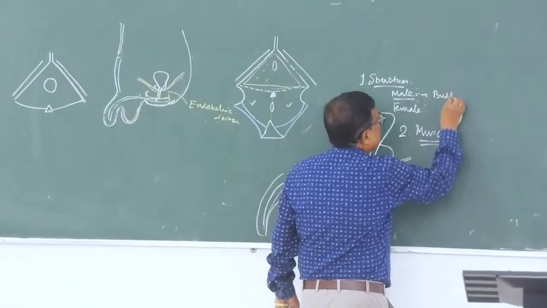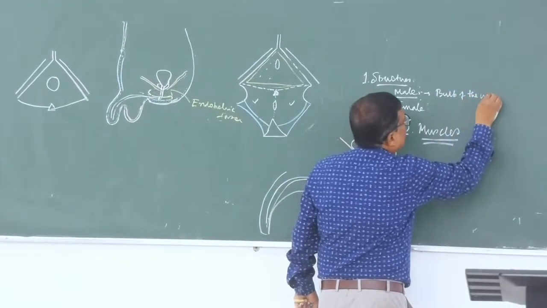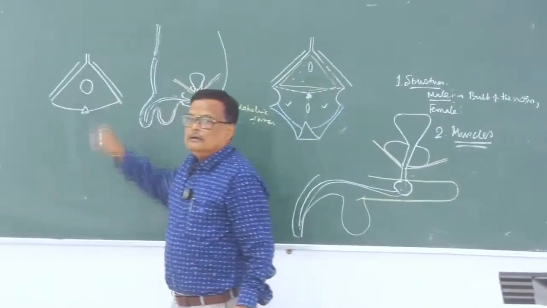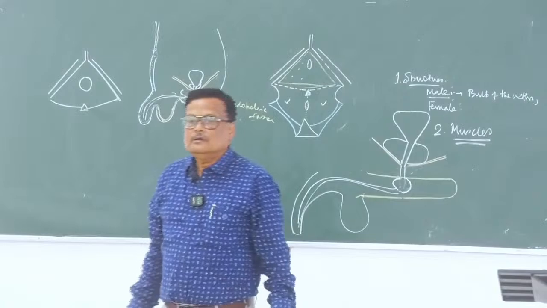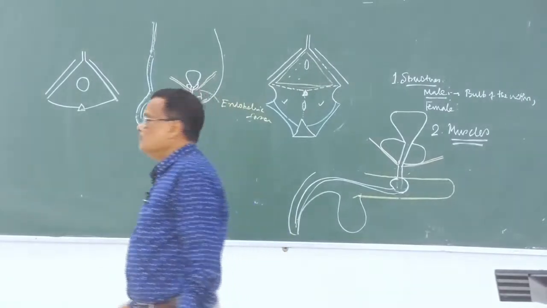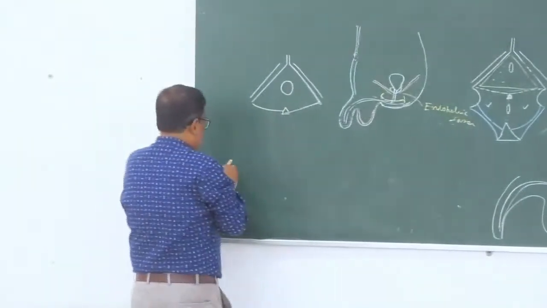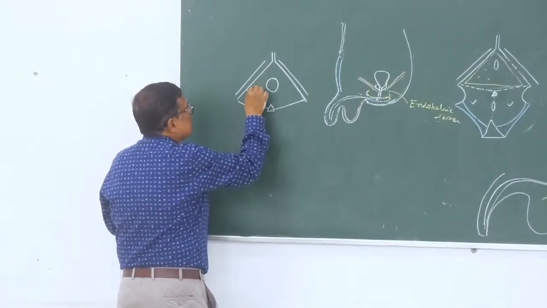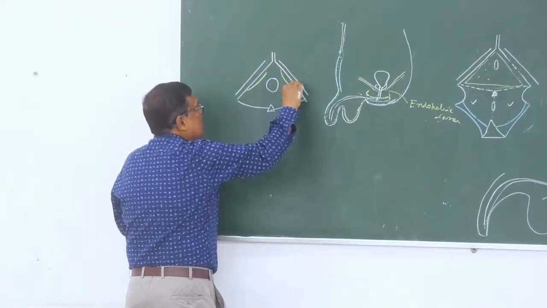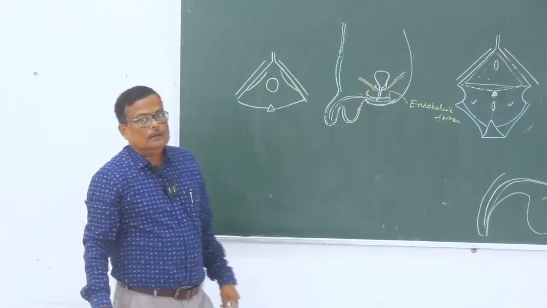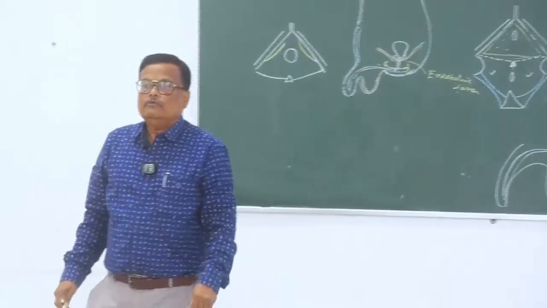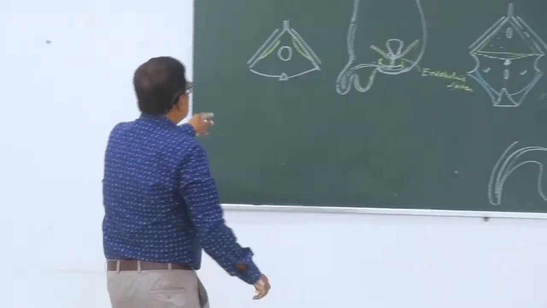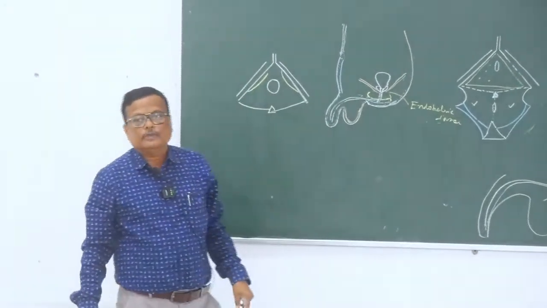The bulb of the urethra, and on either side, what is there? Crus of the penis. Here there is a muscular, erectile structure attached to the ischiopubic rami, and when it continues anteriorly it forms the corpora cavernosa of the penis. And when this bulb of the urethra continues, it is called the corpus spongiosum of the penis.